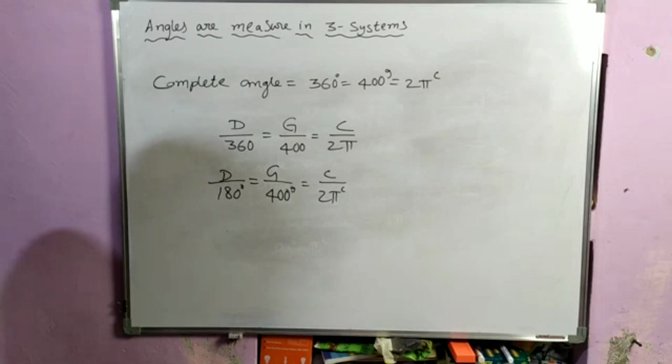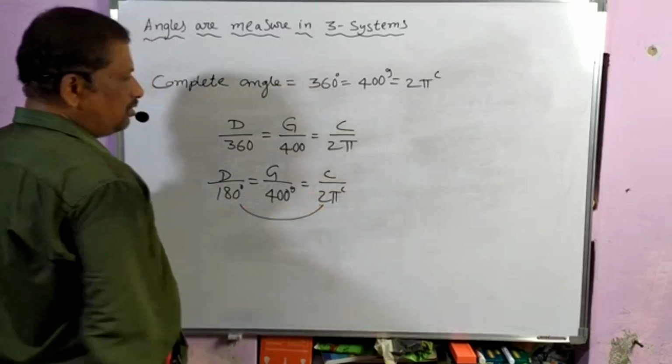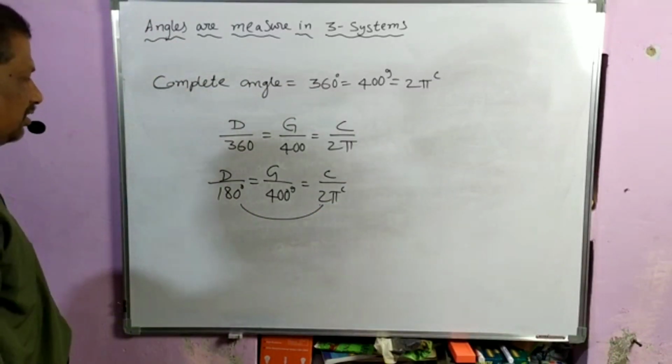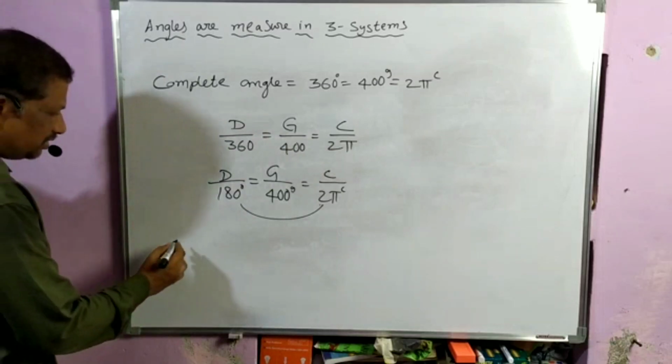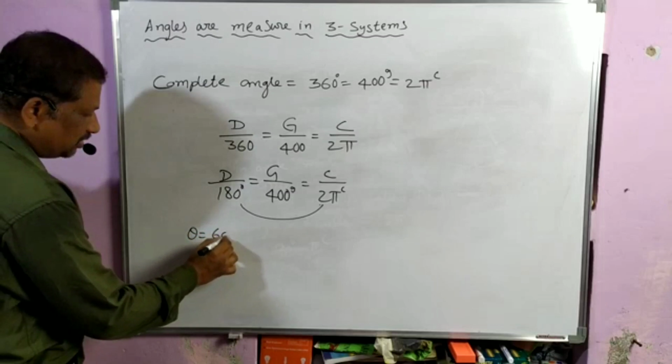Suppose you want to convert degrees into radians. See how to convert degrees into radians. Suppose I take theta is equal to 60 degrees.